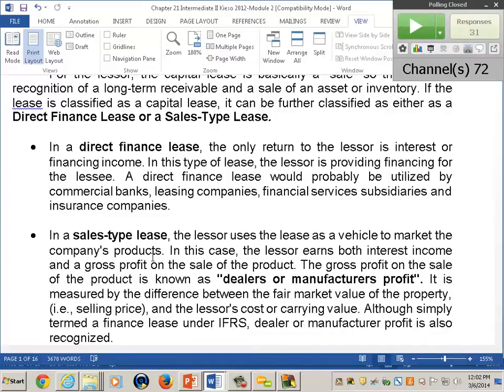And that is known as dealer or manufacturer's profit. As you can see on the screen, the terminology we use for the gross profit is called the dealer or manufacturer's profit.